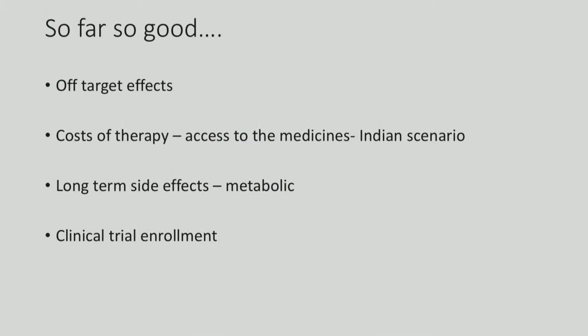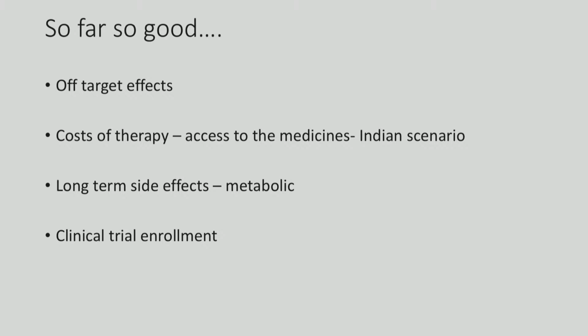Not so good. Let me come down to the reality of all this. One important thing about targeted molecules, all these small molecules, is the off-target effects, which are seen across so many things.